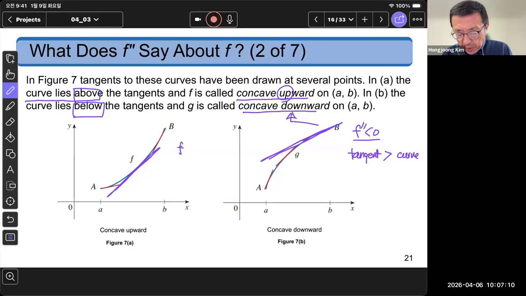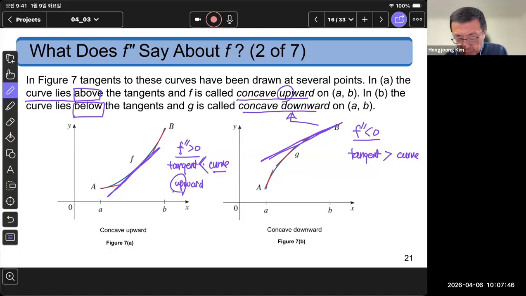If f double prime is positive, so that between tangent and curve, the curve is above the tangent, then we say concave upward. So upward: curve is greater than tangent and f double prime is positive. And downward: f double prime is negative.